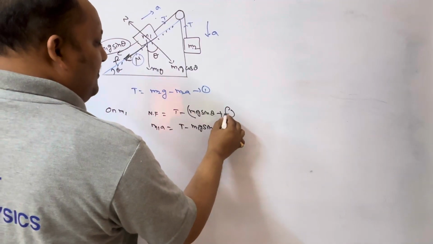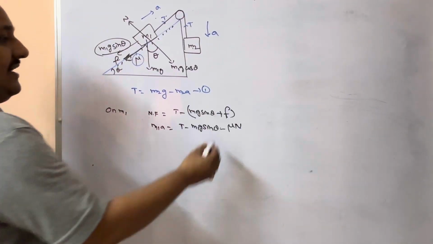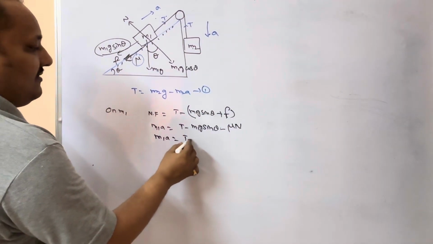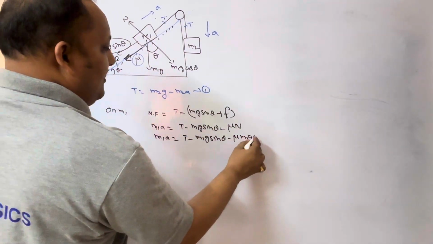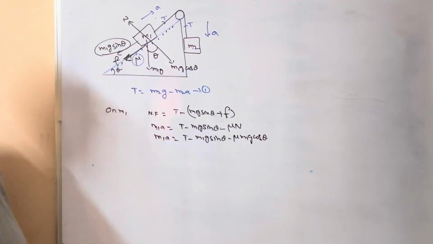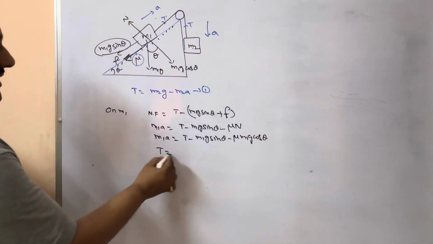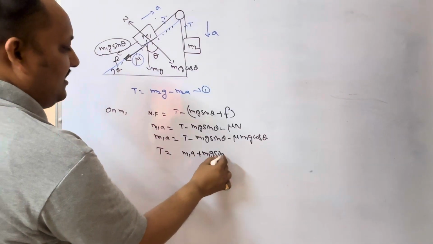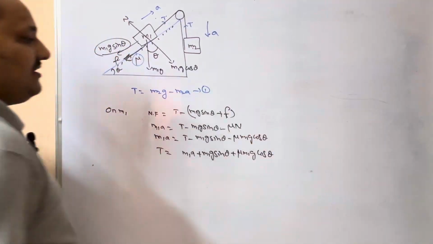Minus mu. What is the frictional force? Directly we wrote f equals mu N. So M1a is equal to T minus M1g sin theta minus mu M1g cos theta. So T equals M1a plus M1g sin theta plus mu M1g cos theta, equation 2.